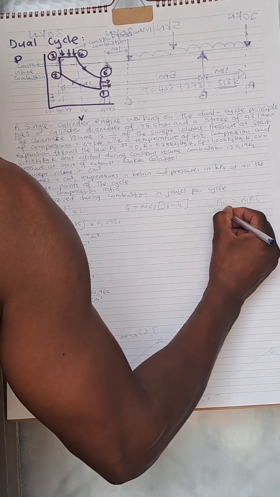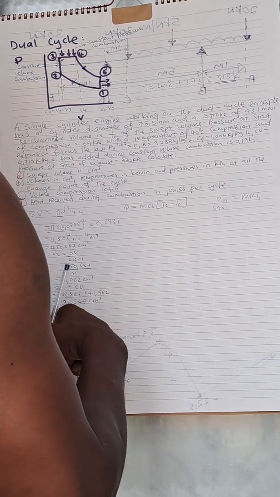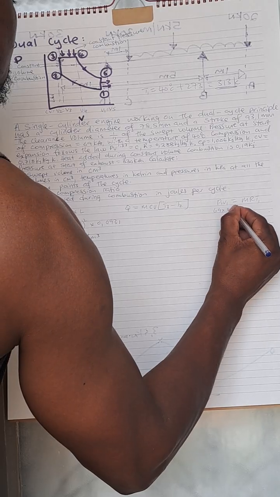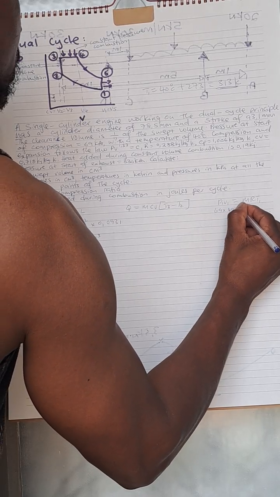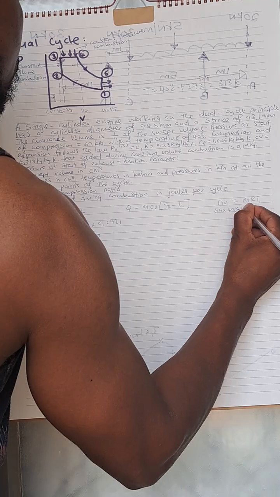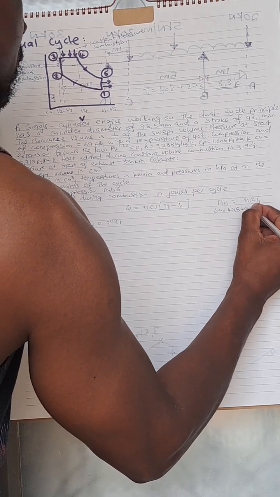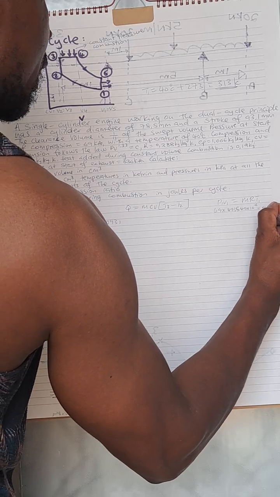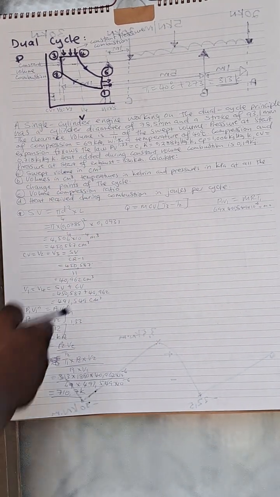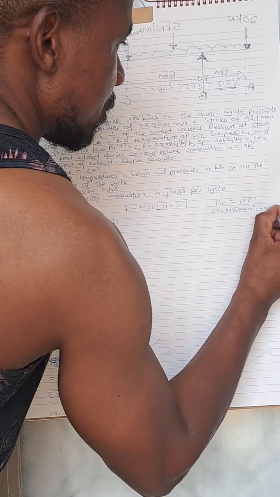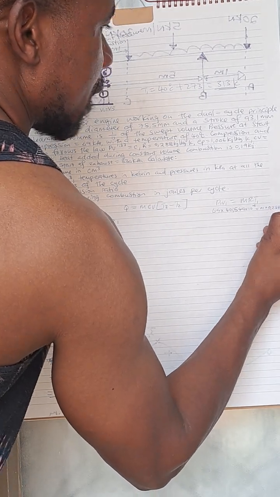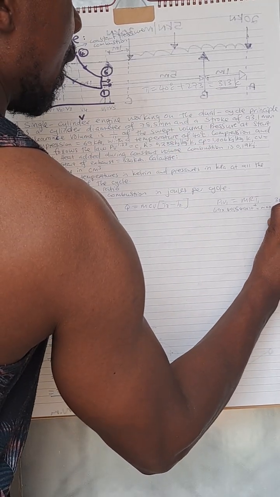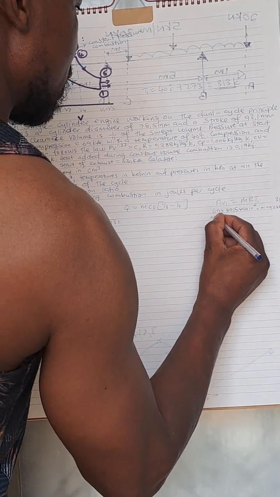P1 is 69, V1 we said is 491.549 times 10 to the power of negative 6 equals m times our gas constant, which was given as 0.288, times what's our T1? T1, we say it is 313.